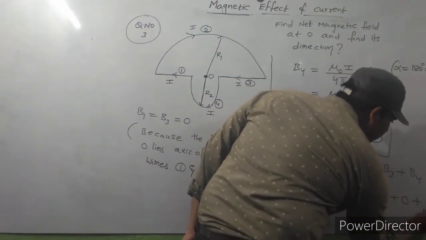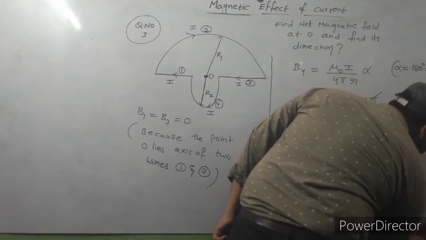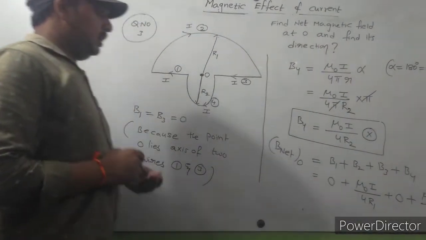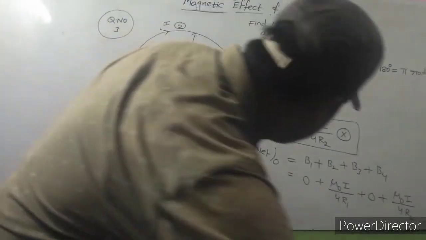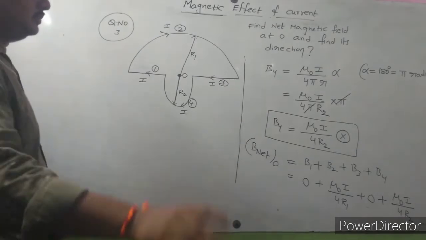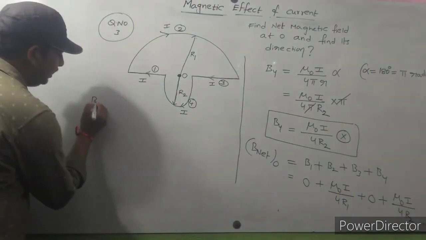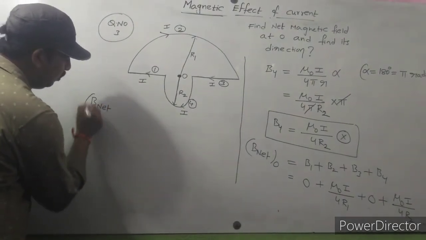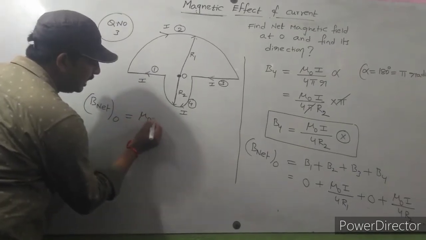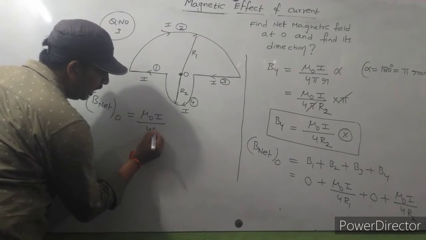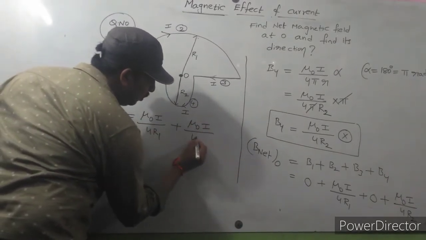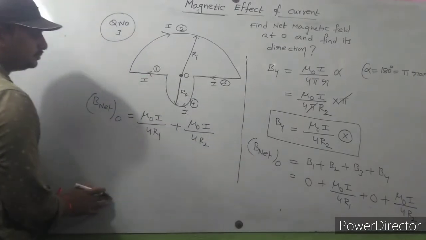B4 value is mu naught I by 4 R2. Those are the values. So finally, what will we get here? The net magnetic field at O is equal to mu naught I by 4 R1 plus mu naught I by 4 R2.